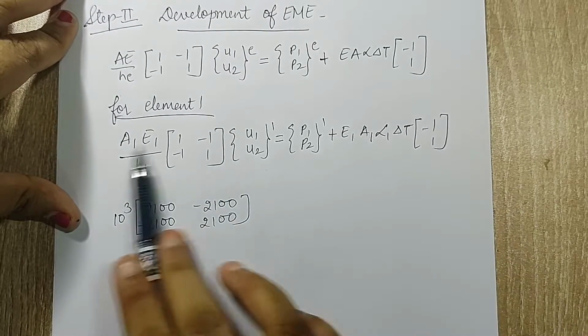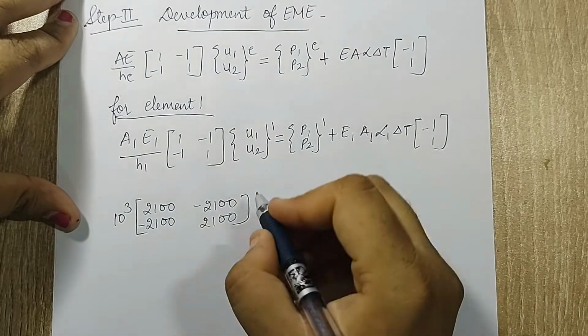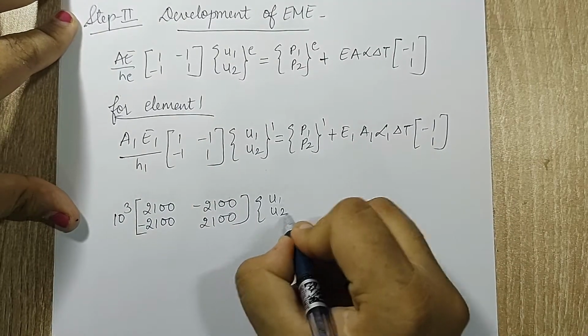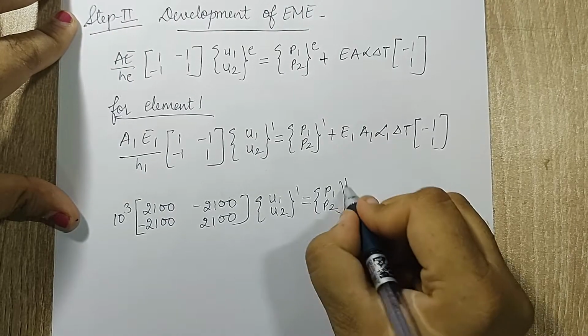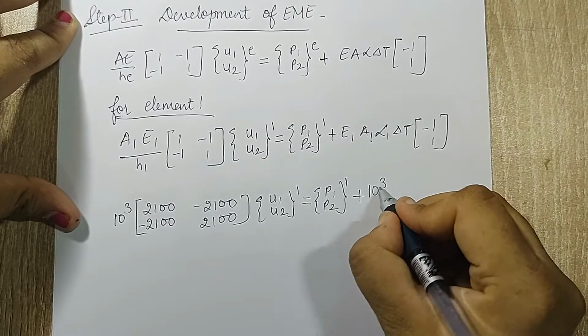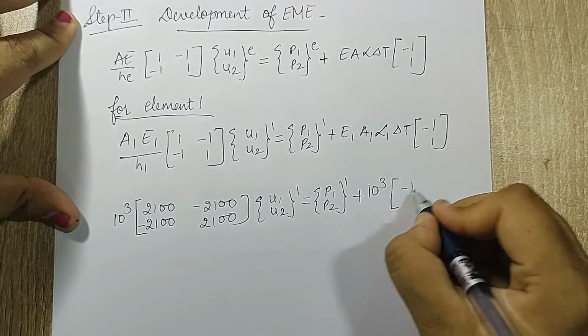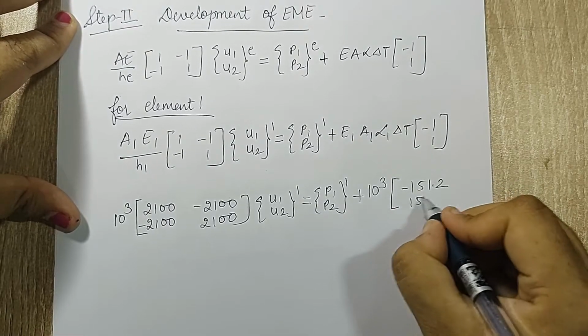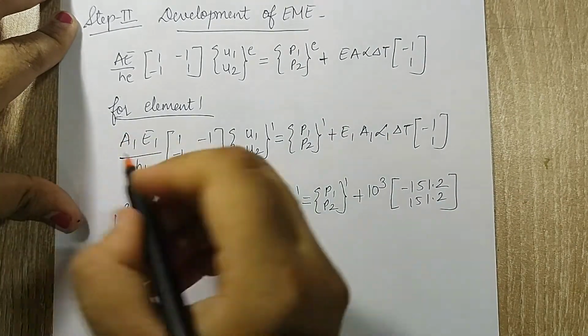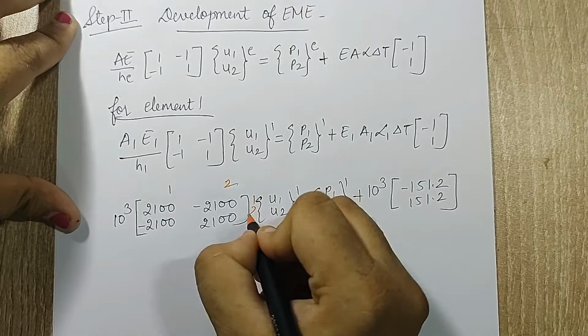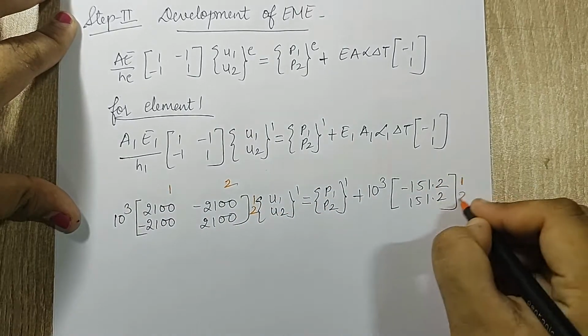All these values are known, so I think you will be able to solve it. Here also I take a 10 raised to 3 common and I get minus 151.2 and 151.2. Element 1 is between node 1, 2, so I'll mark 1, 2 here and also over here.